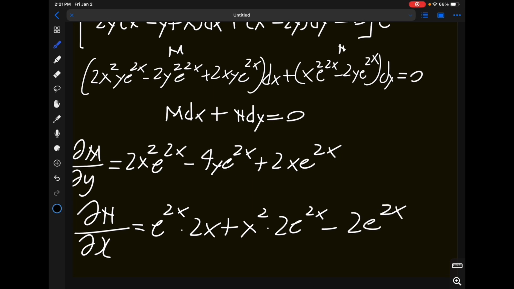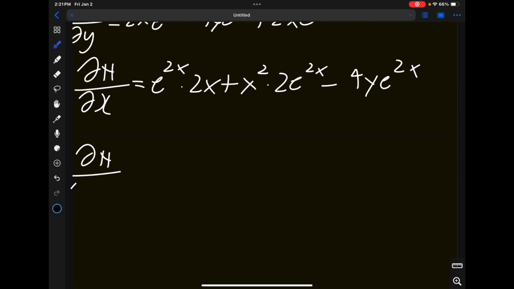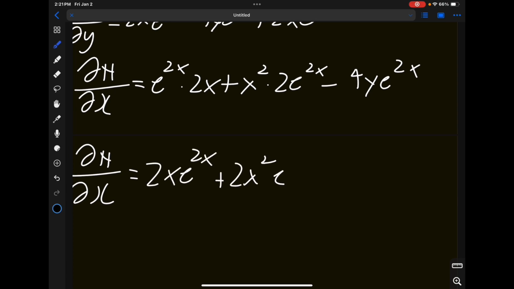Wait, I'm wrong in this part. With respect to x, we get 4y e to the 2x. So for further simplification, our partial derivative of N is 2x e to the 2x plus 2x squared e to the 2x minus 4y e to the 2x.